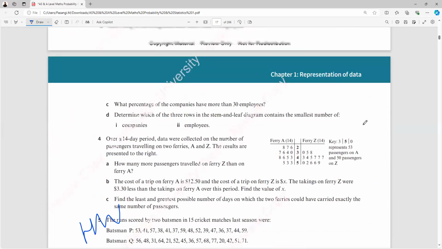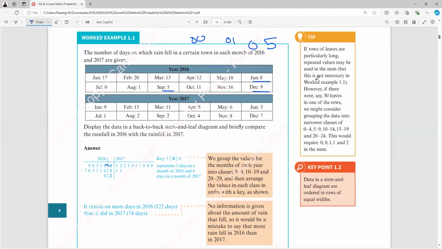Yeah, because here they have mentioned it. We didn't read the tip. Repeated values may be used in the stem, but this is not necessary in worked example 1.1. However, if there were say 30 leaves in one of the rows, we might consider grouping the data into narrower classes. So what do we do then? We make narrower classes: 0 to 4, 5 to 9, like that.